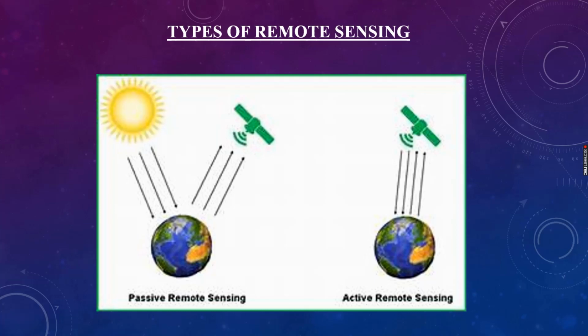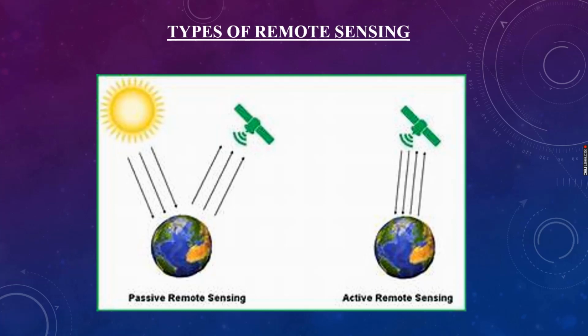Okay, in active remote sensing, the sensor itself works as the source of illumination. There are pulses or signals generated by the sensor, and they are radiated towards the earth's surface, and when those signals interact with the earth's surface, they get reflected back towards the sensor.